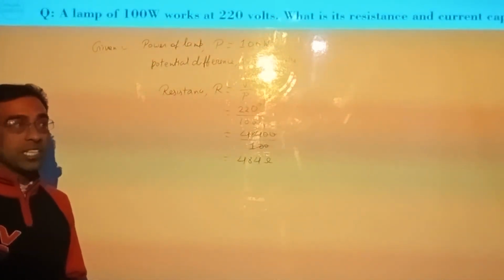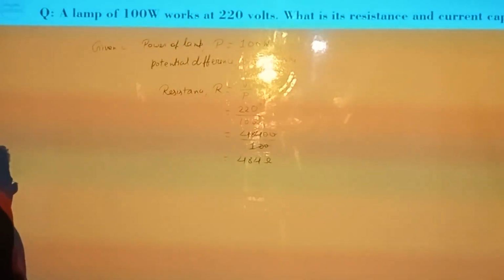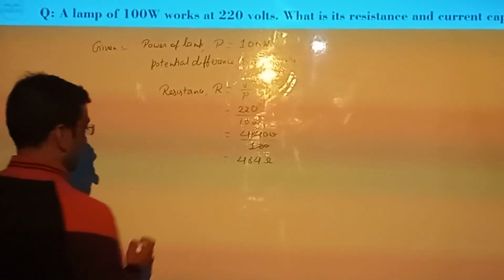Now I am calculating the value of current flowing through the filament of that bulb.